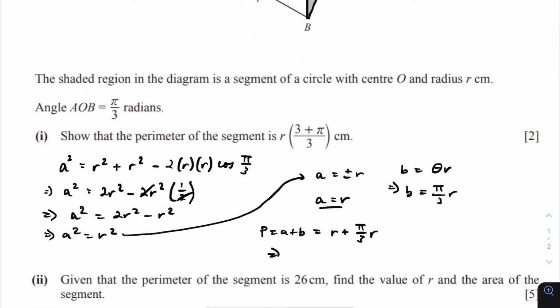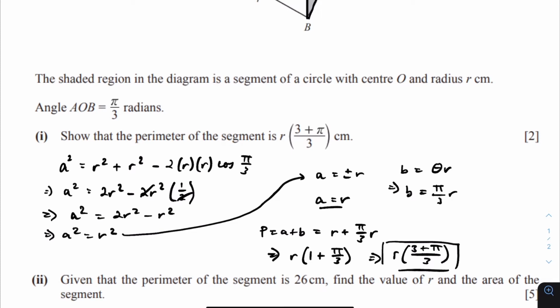So we can factor out an r. So we get r times (1 plus pi over 3), which is the same as r times (3 plus pi) over 3, since 1 is the same as 3 over 3. And that's exactly what we were looking for. So part 1 is done.